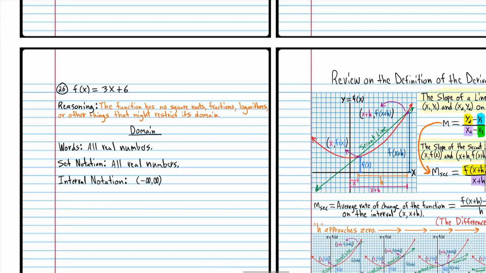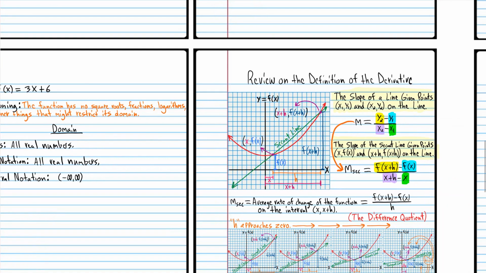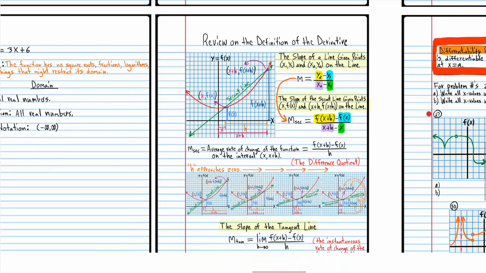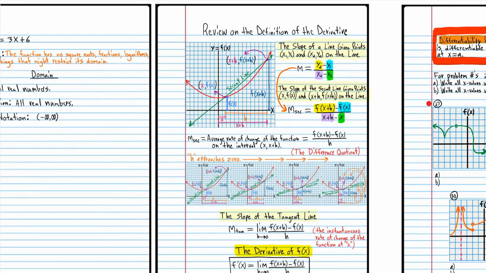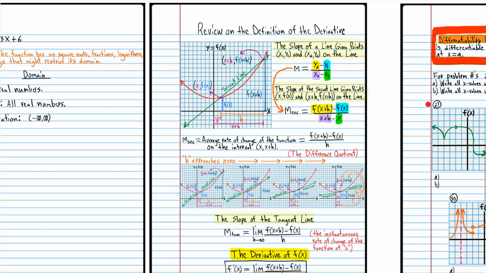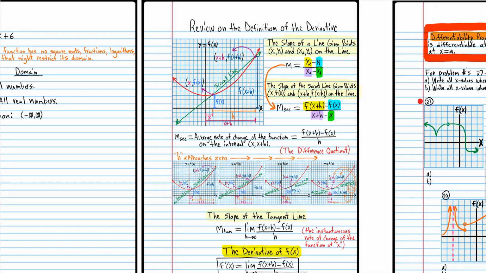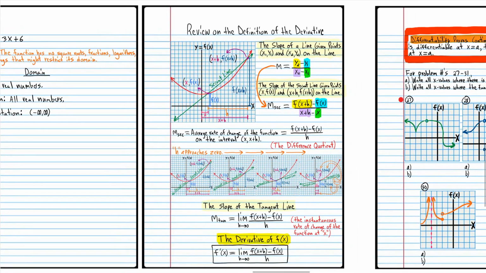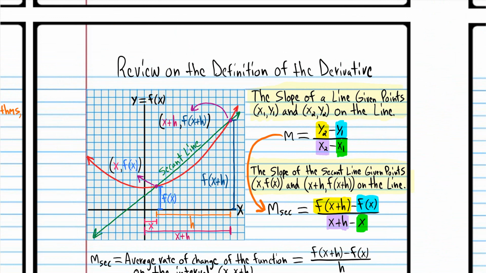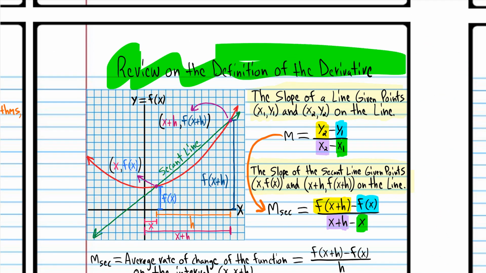Okay, so we reviewed the domain and range of a function, and now we're going to go on to another topic called differentiability. But before we go on to that topic, we're going to review the definition of the derivative.